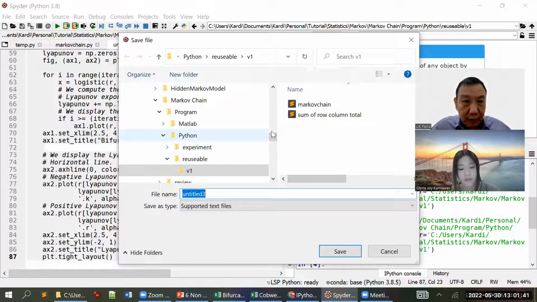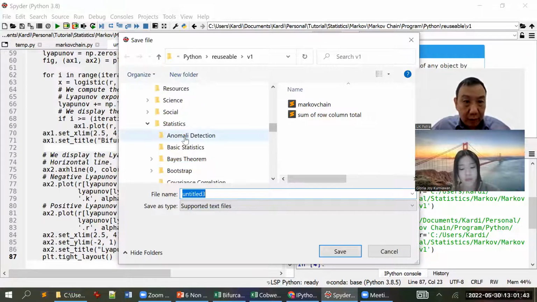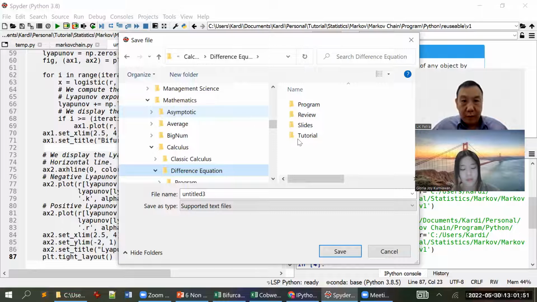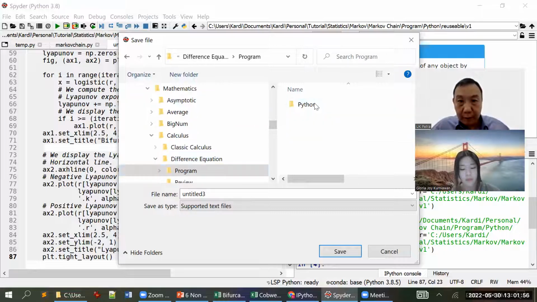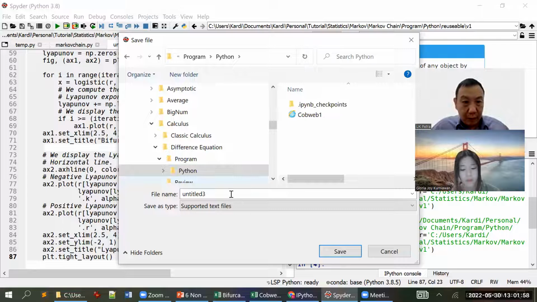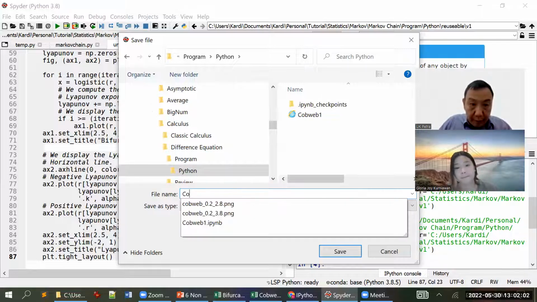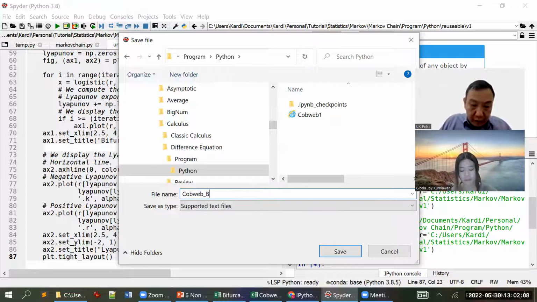Difference equations are supposed to be in mathematics calculus. So this is the web, and this is the cobweb and bifurcation.